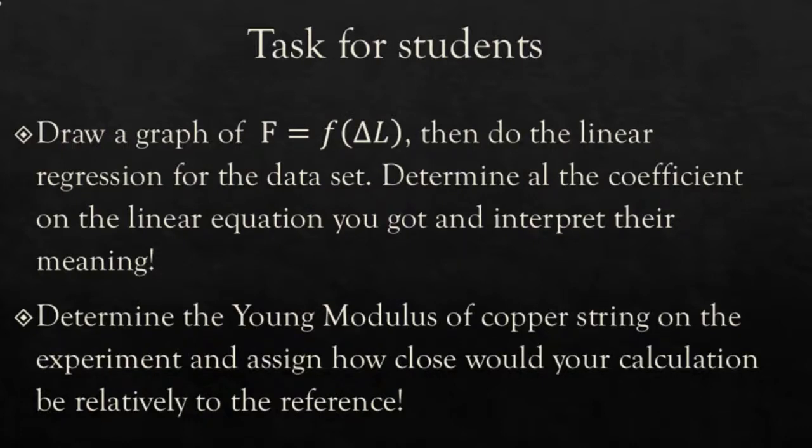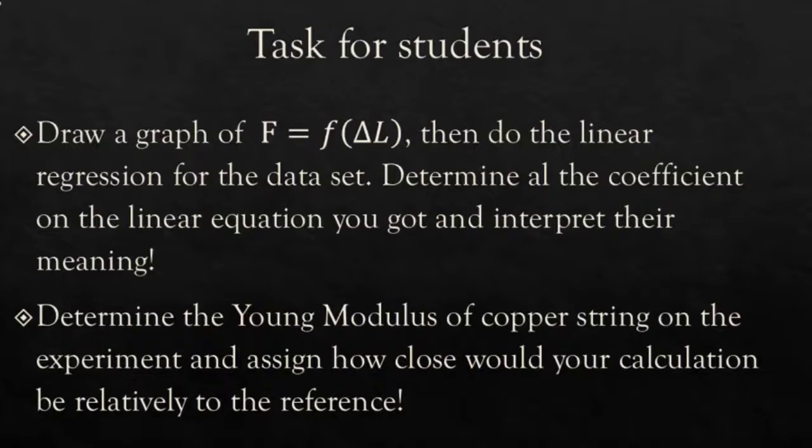and then you could interpret their meaning as well. Secondly, after all, you will get to determine the Young modulus of copper string in the experiments and assess how close your calculation would be relative to the reference.